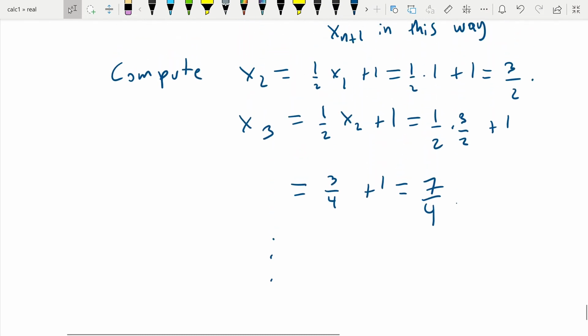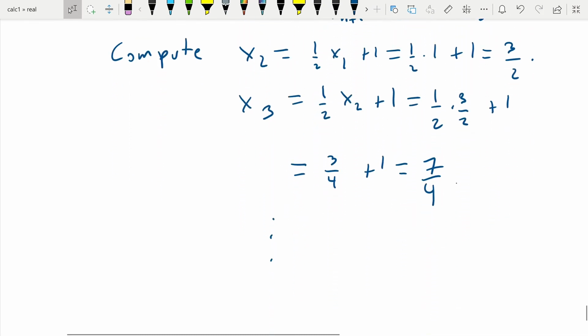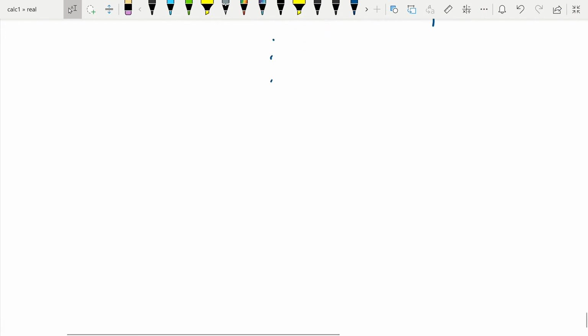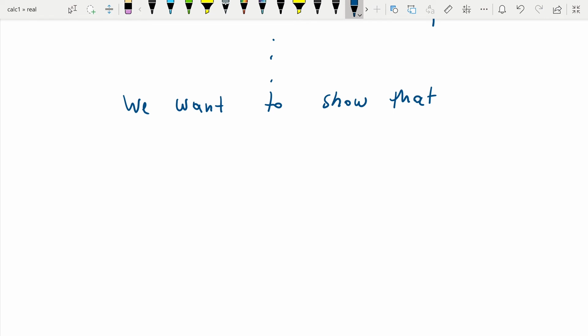And so what we want to show now is the following statement: that for every n in N, x of n is less than or equal to x of n plus 1. Okay, so this is what we want to show.